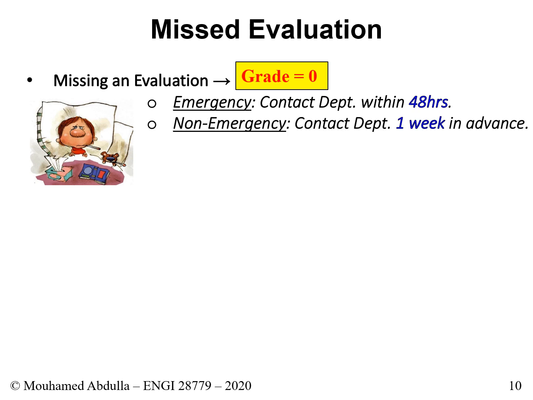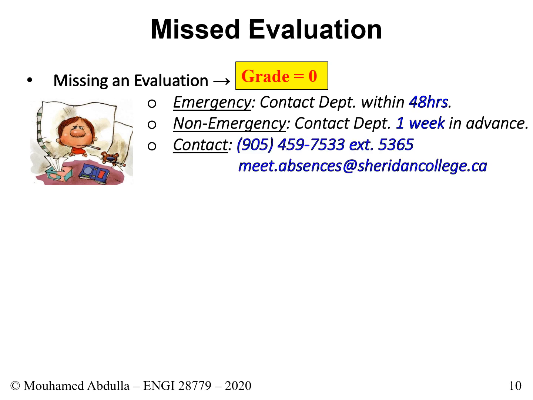If it's a non-emergency and you know you're going to miss an evaluation, you need to contact the department 1 week in advance. Now, these are the phones to contact them. So you have the extension here, and you also have the email here. Depending on which one is easier for you, you could use one or the other. Email is always good, but if it's very urgent, you could also call.